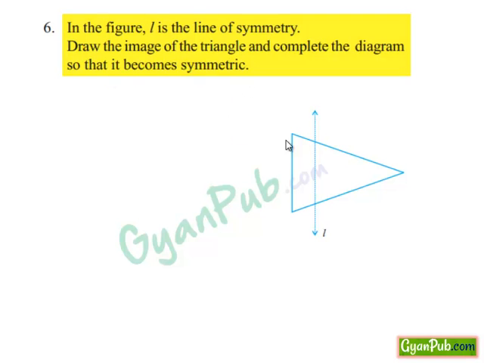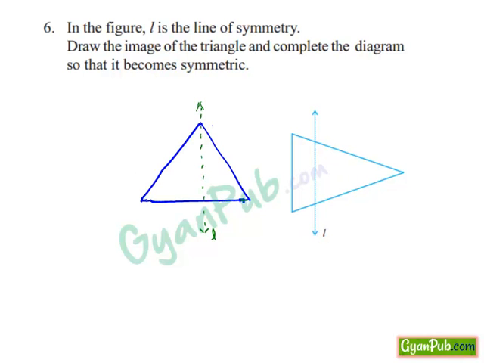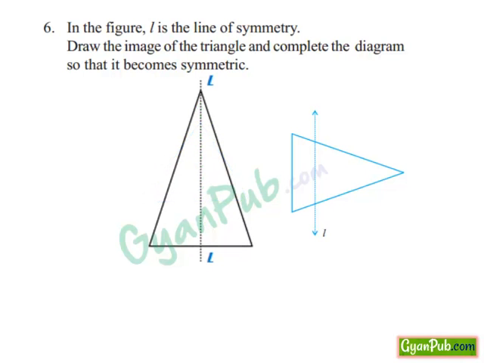So let's draw the triangle, making the triangle symmetric about the line L. If we draw the triangle in such a way that the line of symmetry L is dividing the triangle into identical parts, such that the half before the line is the same as the half after the line.